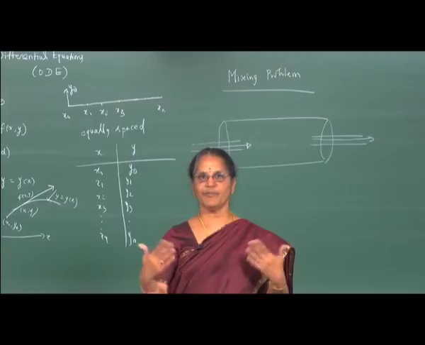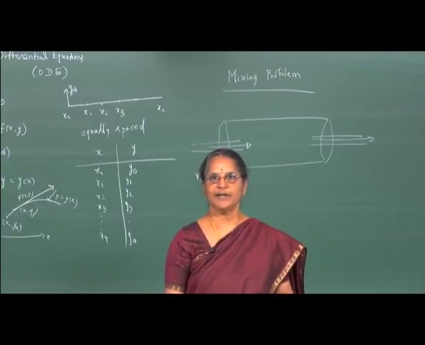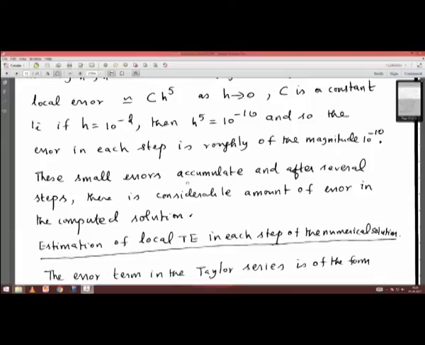But these small errors get accumulated as we move on from one step to another step, and there is a considerable amount of error that is incorporated during the computation of the solution.